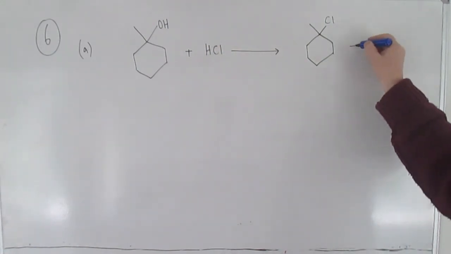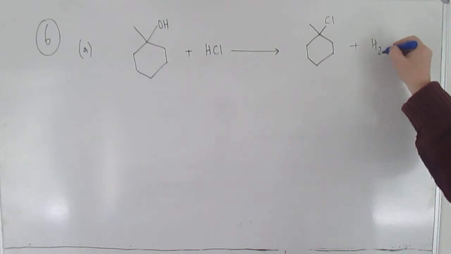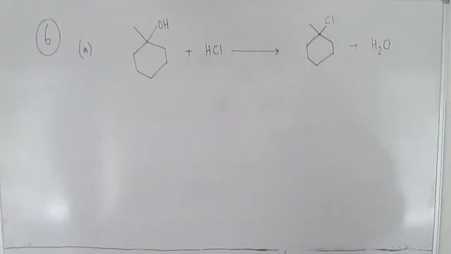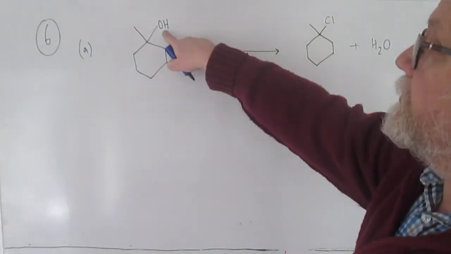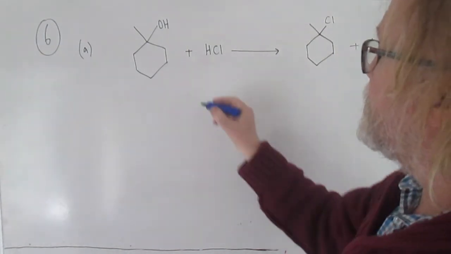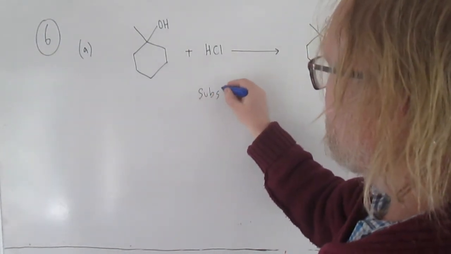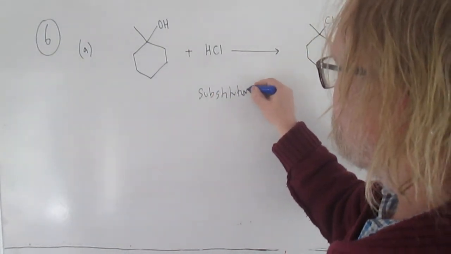So it gives you that plus water as your other product. So that's your reaction equation. And the type of reaction is obviously substitution, because OH is lost and Cl goes in its place. So that's a substitution reaction.